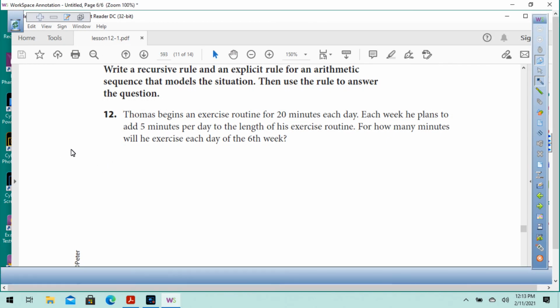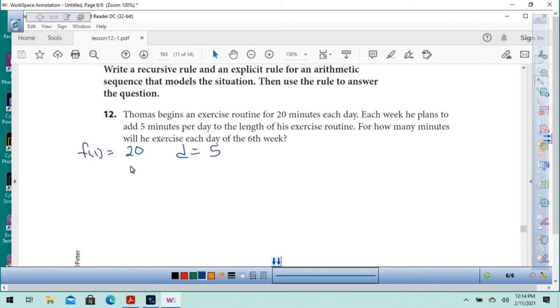So we're going to say F of 1 is 20 minutes. And D is going to be 5. So our equation is going to be F of n equals 20 plus 5 times n minus 1, because we started at 1, okay?